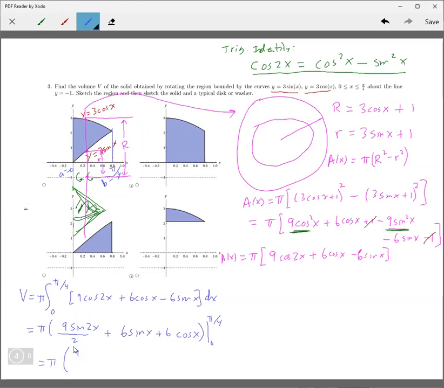Okay, so upper limit would be 9 halves sine. Okay, plugging pi over 4 in here gives you pi over 2. Plus 6 sine pi over 4 plus 6 cosine of pi over 4. Now subtract, put zeros in and subtract, so that's 9 halves sine of 0 plus 6 sine 0 plus 6 cosine 0.